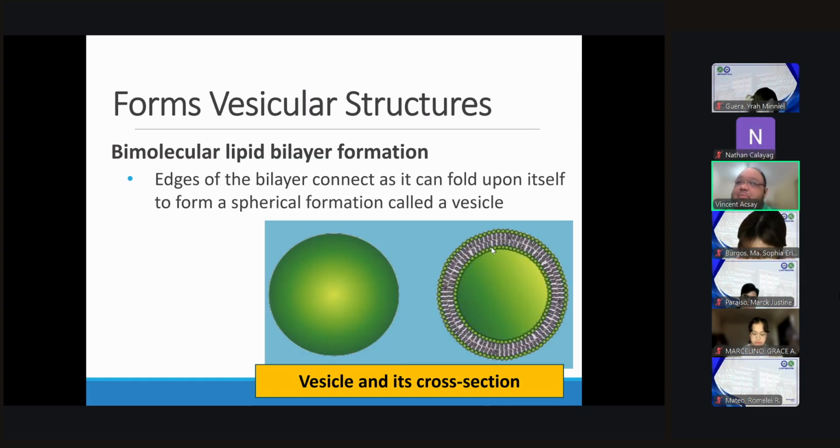Question, yung bula po ba ay parang micelle? In a sense, yes, because the detergent or soap, any form of soap, also has a structure like your phospholipid. The difference is it has only one tail rather than two.